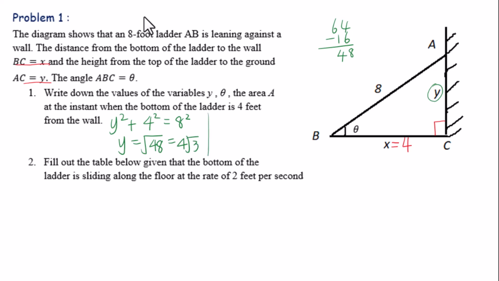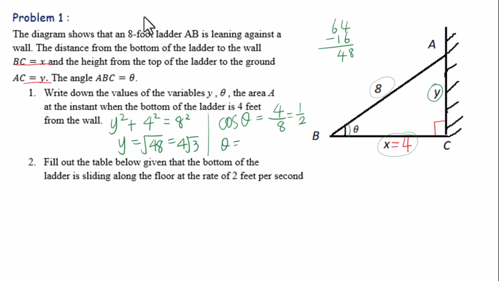For theta, we will use SOHCAHTOA. This is adjacent. This is the hypotenuse. So we will use cosine theta equals 4 over 8. That is 1 over 2.